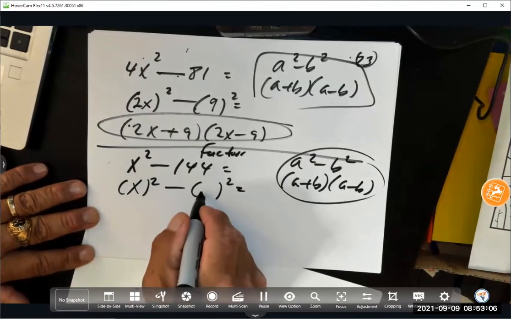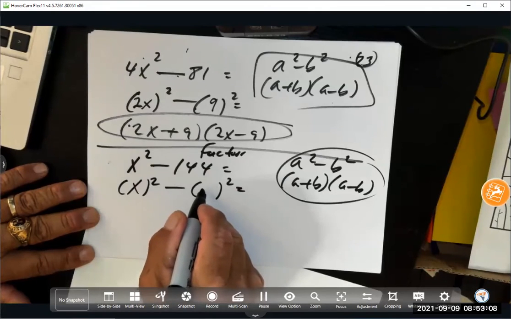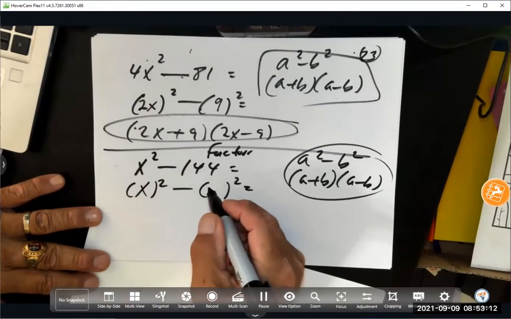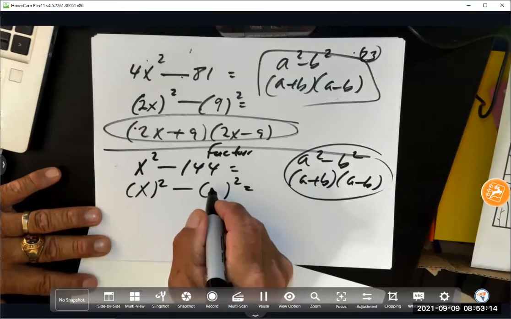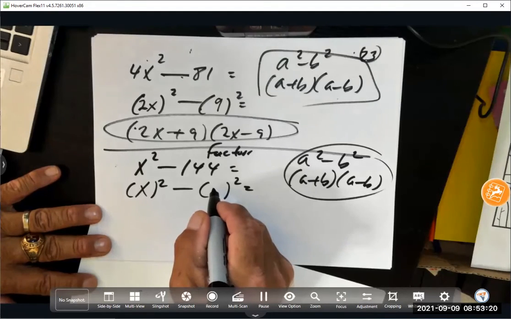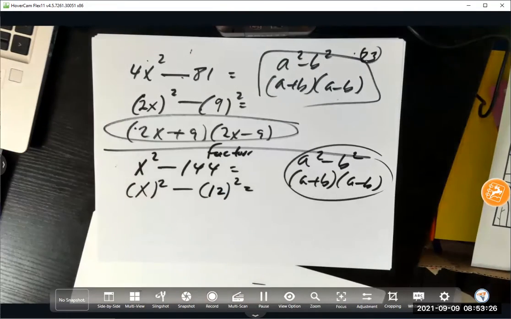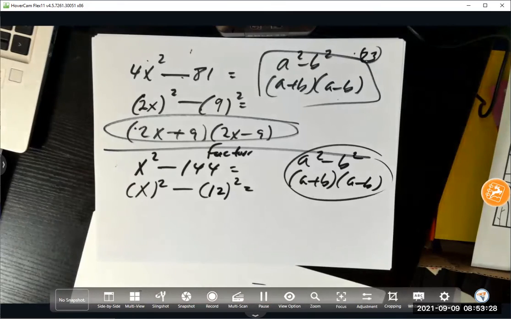What goes there? What times what is 144? You just calculate. 10 times 10? No, more. 11 times 11? More. 12 times 12. There you go. Is 12 times 12 144? Yeah, it is.